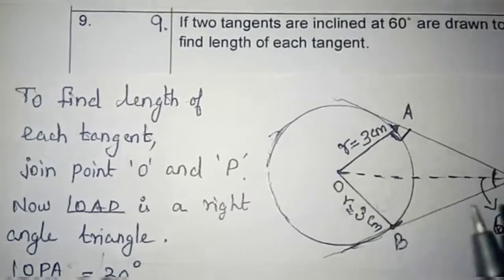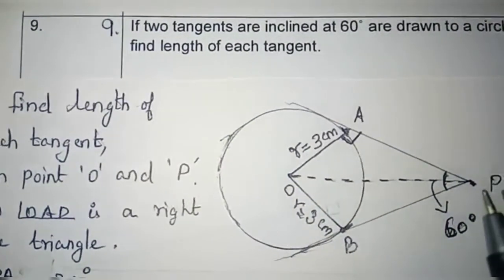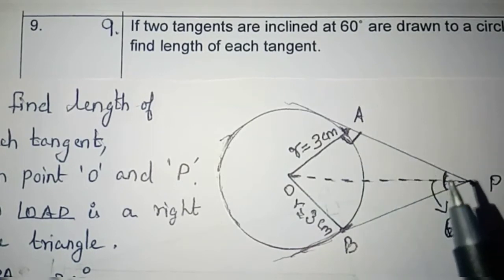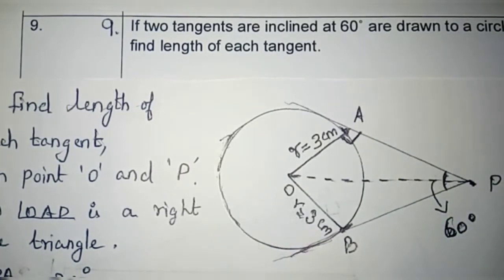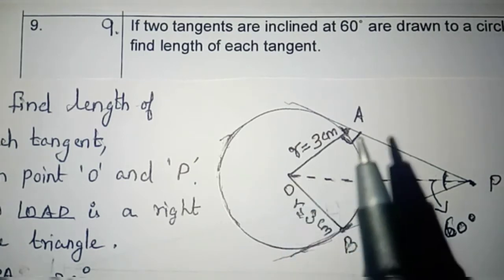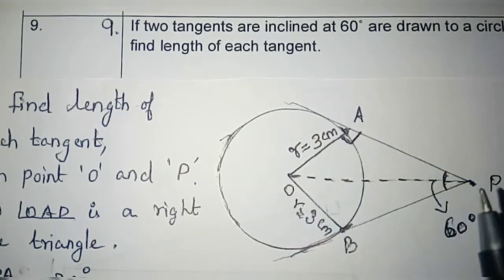join point O and point P. So if you join, then OAP is a right angle triangle.